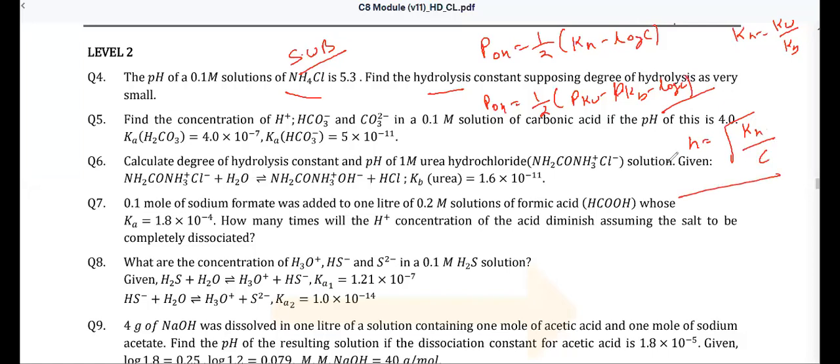Now what is given? pH is given, so you can find pOH. You can use it in the formula. Concentration is given. You can find pKb or Kh. Then you can find h.